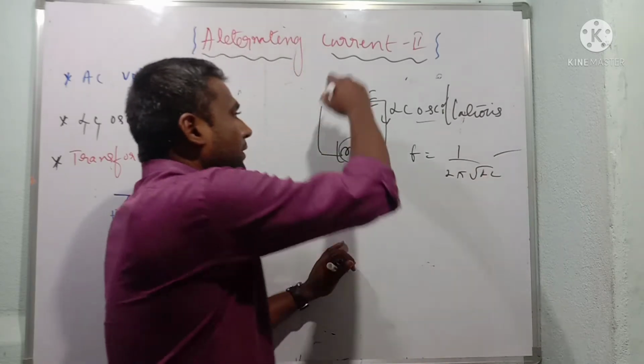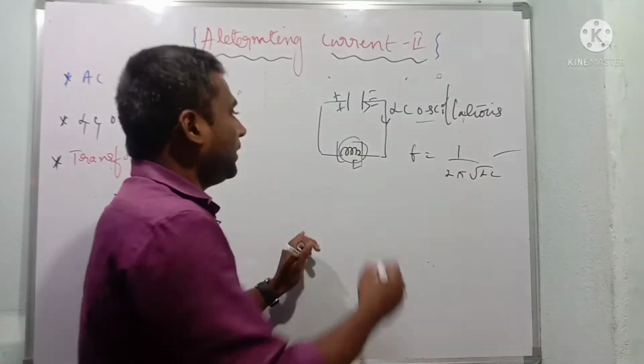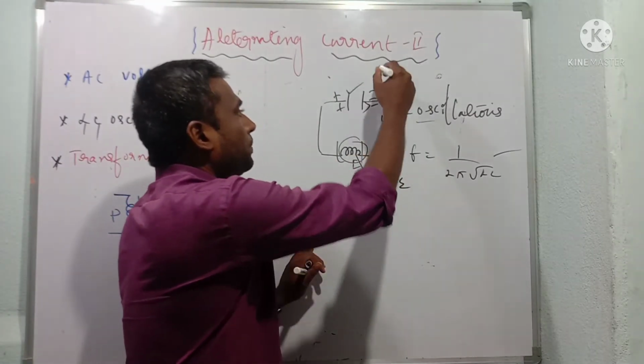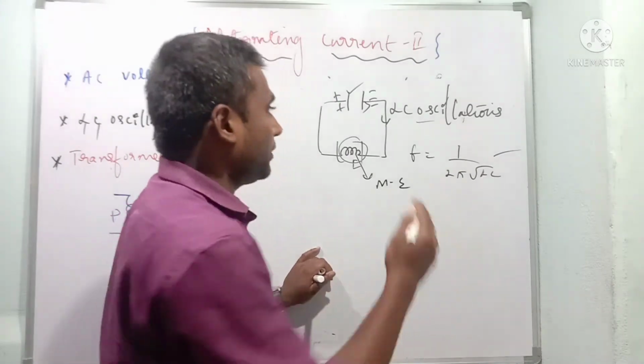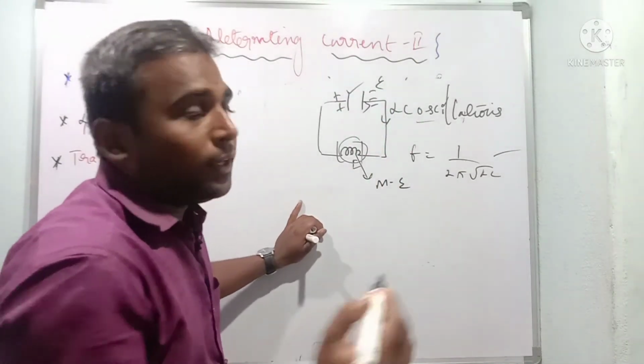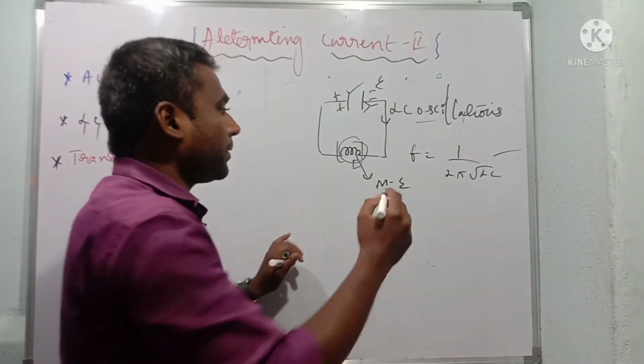Now here the energy produced here is on account of magnetic energy, and this is due to the presence of electric energy. So the total energy in the system formula is very important. I am not going to explain in detail, just remember the formula.